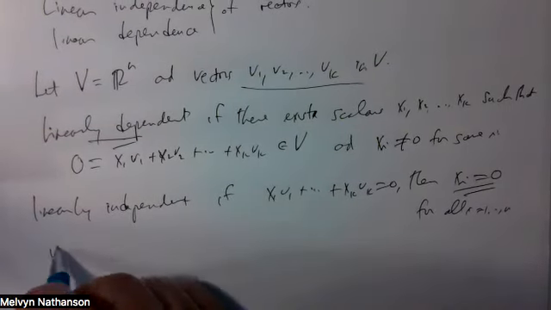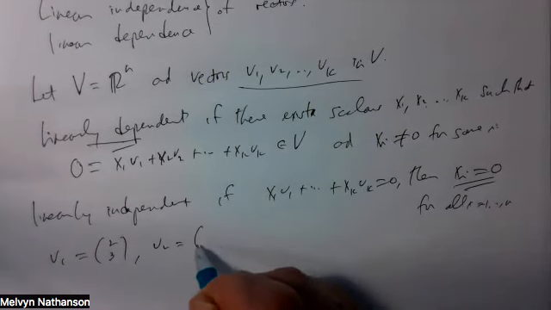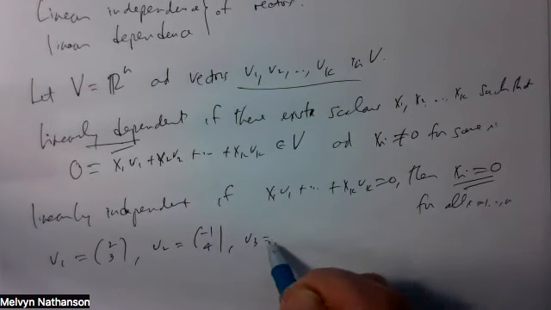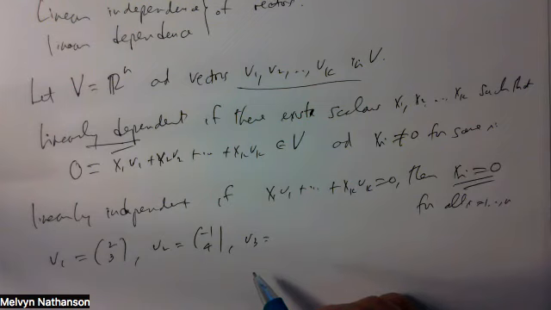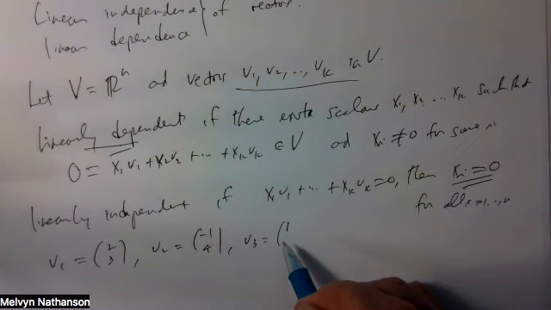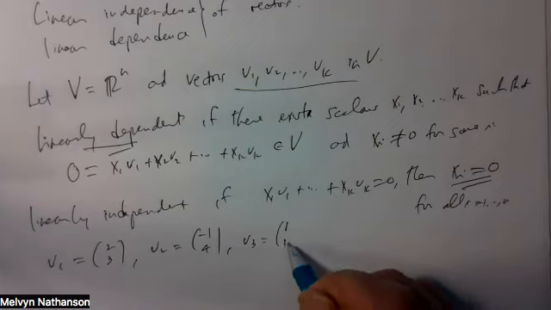So for example, if you take v1 equal to, let's say, (2, 3), v2 equal to (-1, 4), and v3 equal to something else.